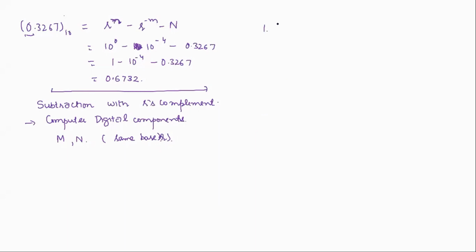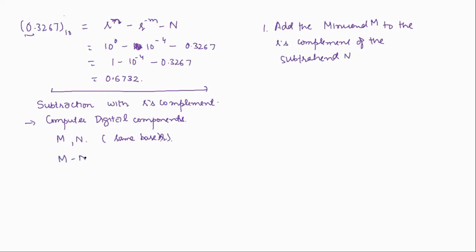The procedure is to add the minuend m to the r's complement of the subtrahend n. The two numbers are there, you want m minus n. What you do is take m plus the r's complement of n. That is what you are supposed to do.